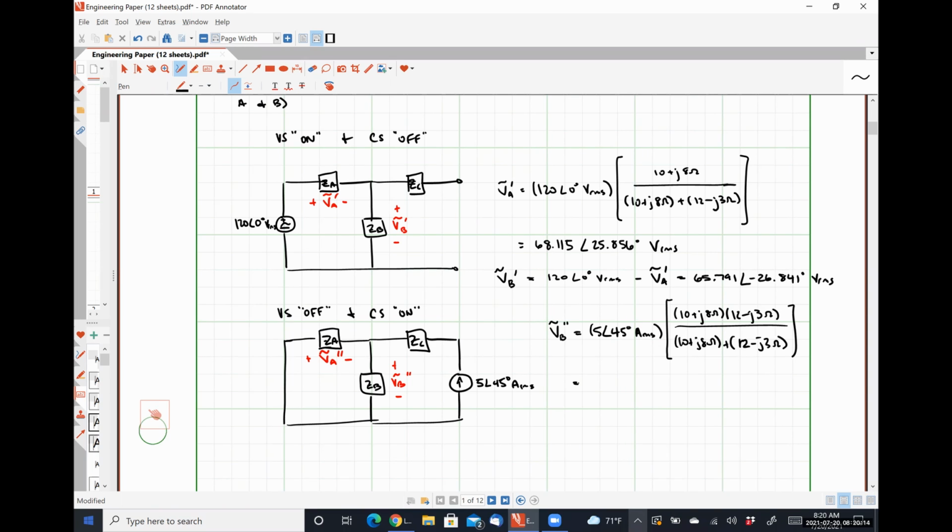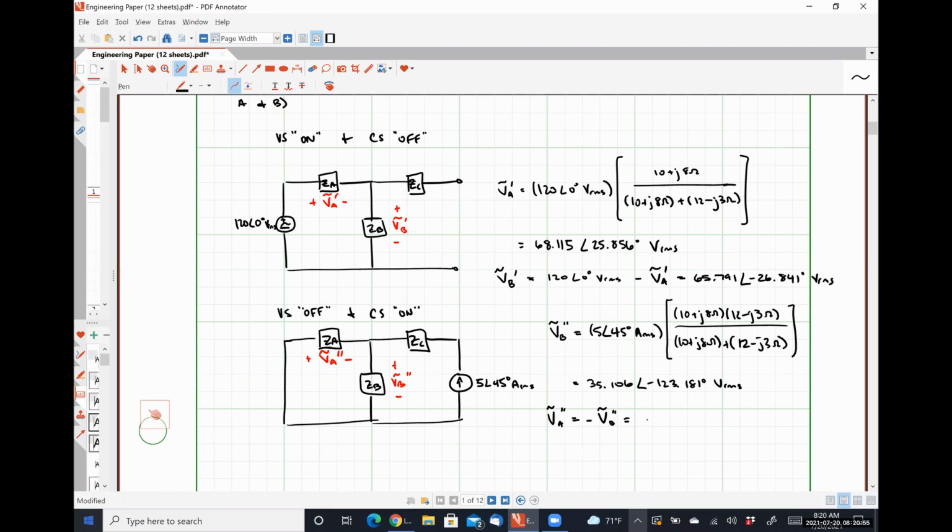And so I get VB double prime to be 35.106 with an angle of negative 123.181 degrees volts RMS.